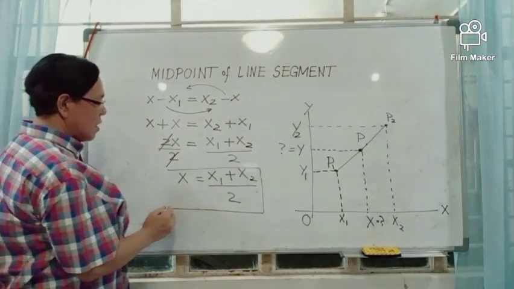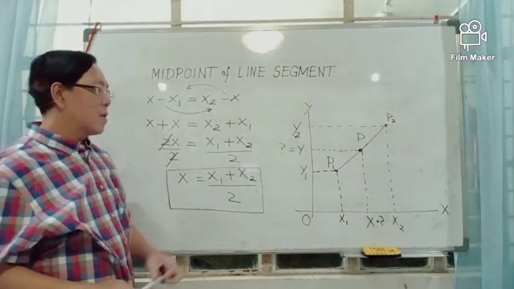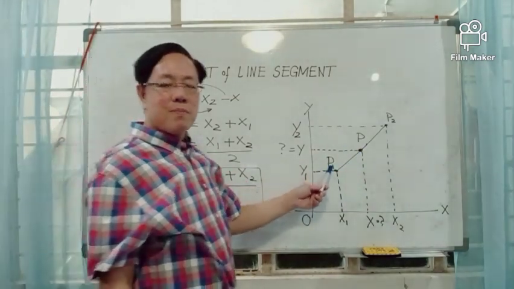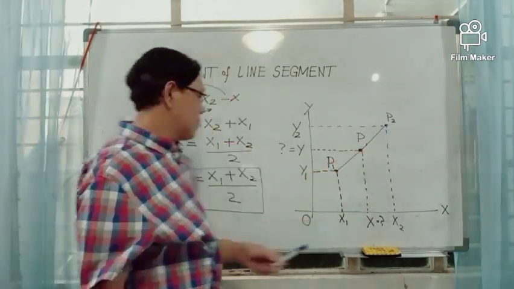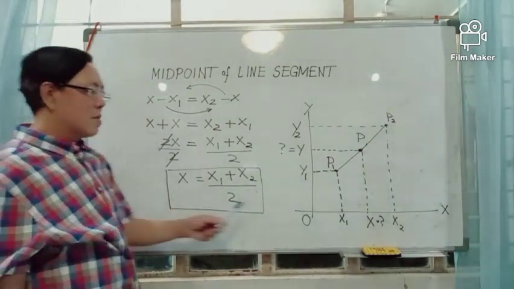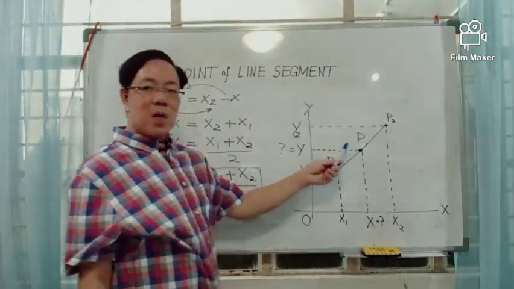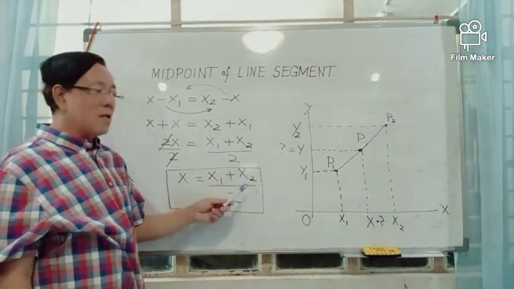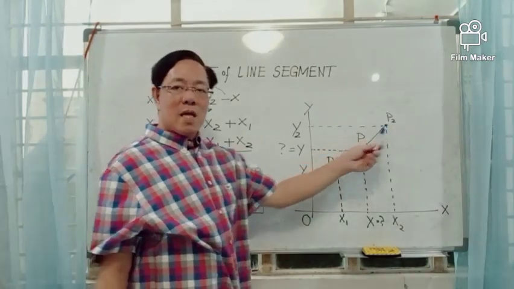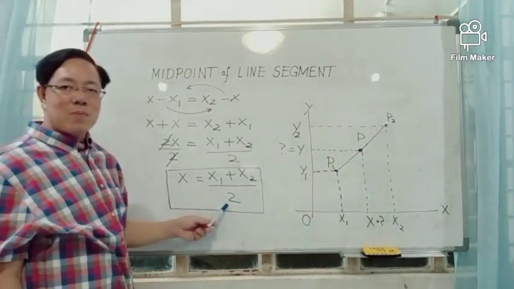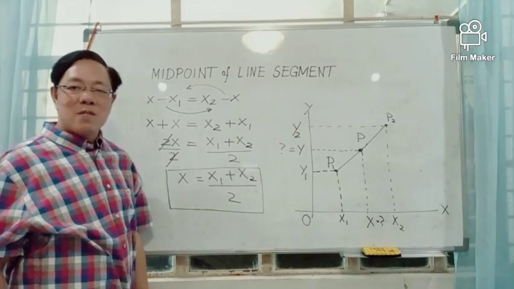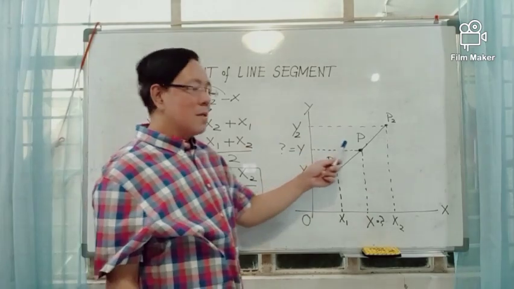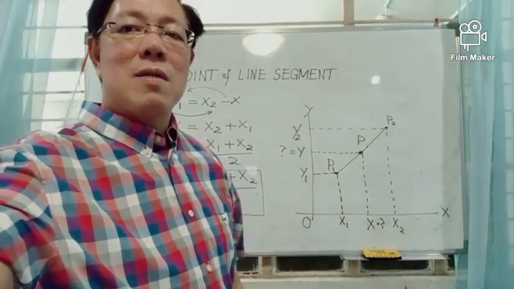This is the abscissa of the midpoint of the line segment through points P1 and P2. The abscissa X of the midpoint P is equal to the sum of the abscissas of the endpoints of the line segment divided by 2. We will do the same process to find the value of the ordinate of the midpoint P.